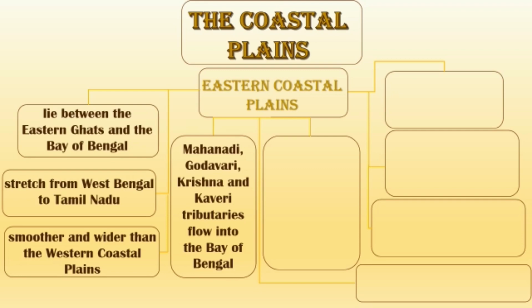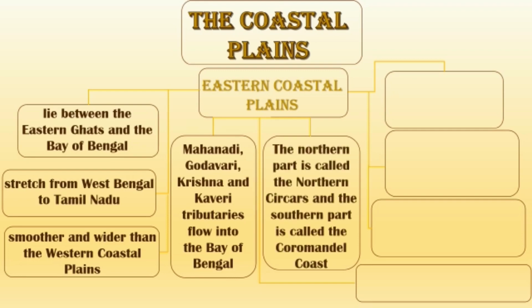The northern part is called the Northern Circars and the southern part is called the Coromandel coast. The climate is hot and humid and there is heavy rainfall during the months of October, November and December.